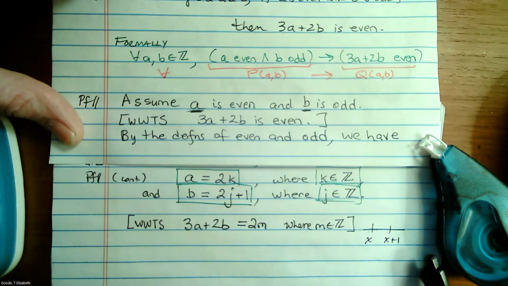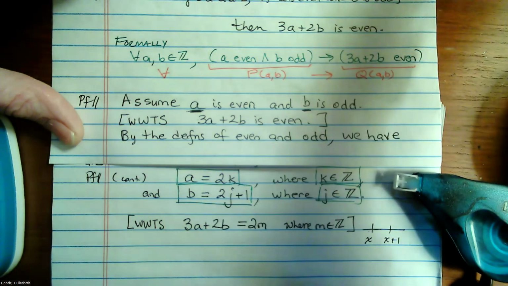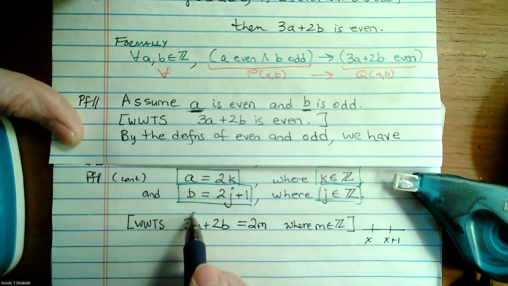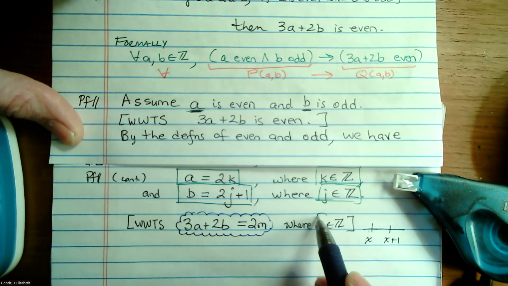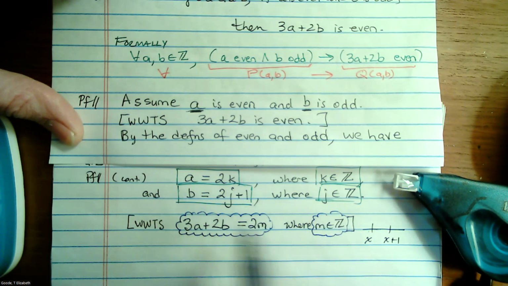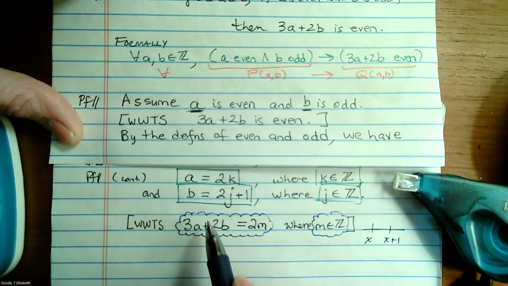And one way I like to think about the wish is, I want to say something smart about 3a plus 2b, what is it that I really need to talk about? Oh, we need to talk about 3a plus 2b. And that kind of gives you the inside track to saying, now I've got to look at 3a plus 2b.